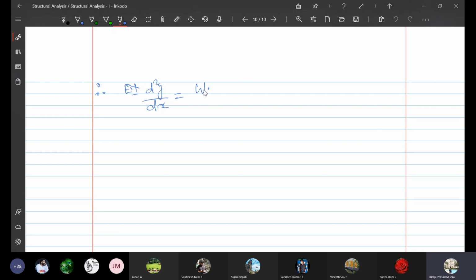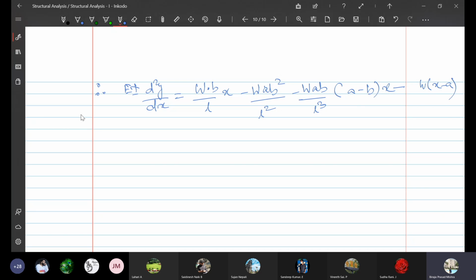So it is W into B by L into X minus WAB square divided by L square minus WAB, I'm just opening all the values, X minus W into (X minus A).